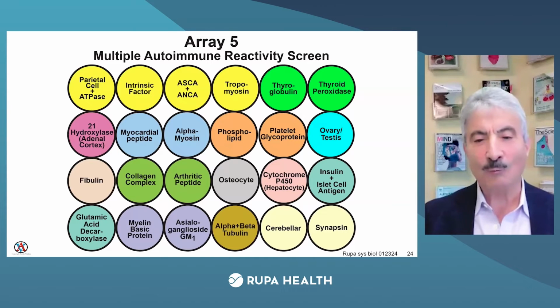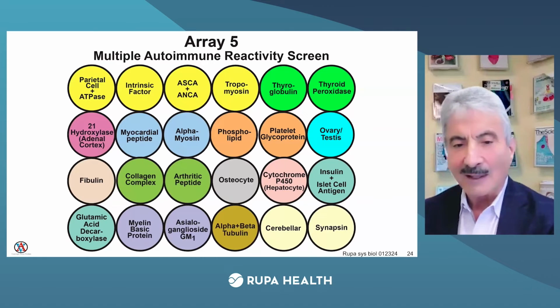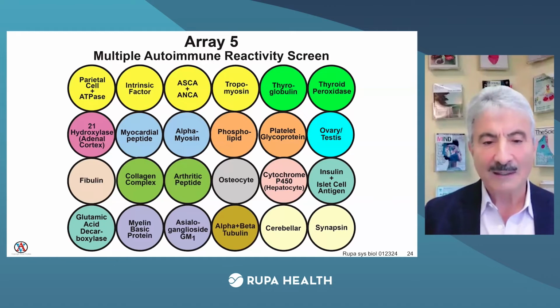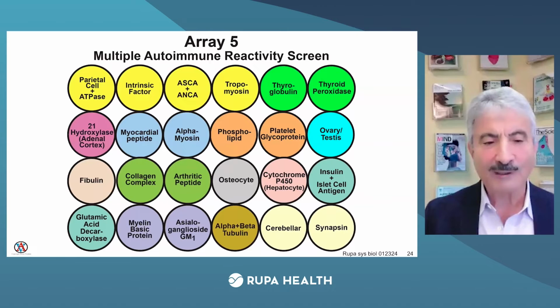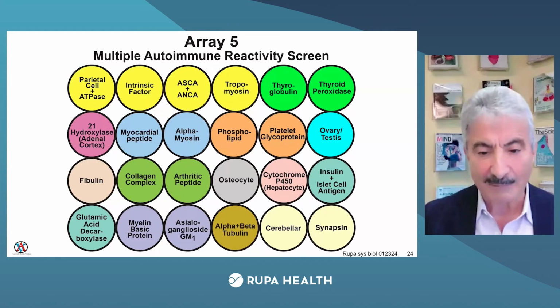That's exactly what Dr. Karazian did. He looked at patients with leaky gut, and then he measured antibodies against all these 24 tissue antigens and found a direct correlation between leaky gut and the multiple autoimmune reactivity screen. So the message is that if you want to prevent autoimmunity, you better take care of the gut barriers.